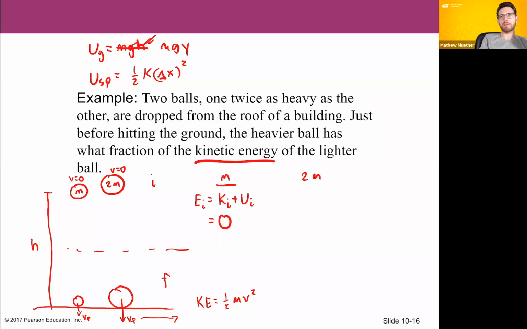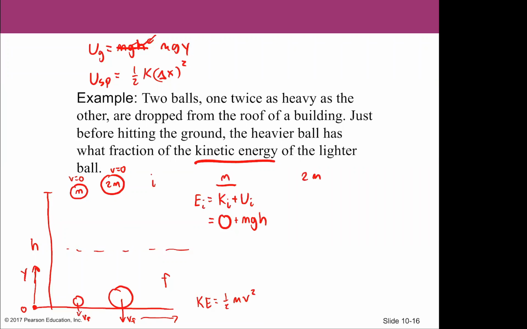Yesterday we convinced ourselves that we're free to choose our coordinate system and where the origin is. So let's pick a coordinate system where the origin is at the ground and y increases upwards from the ground. In that case, the initial potential energy is mgh for this object.